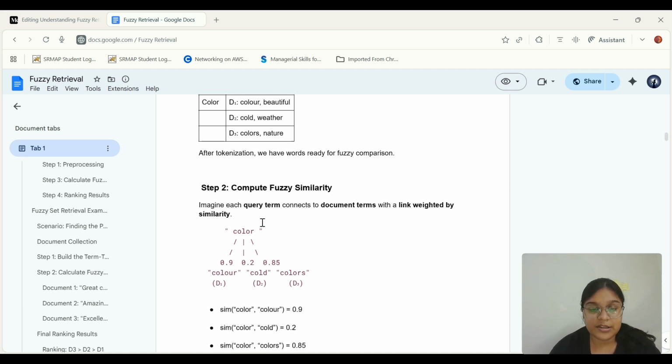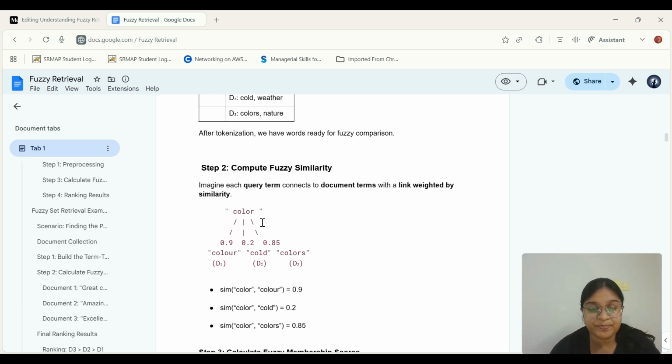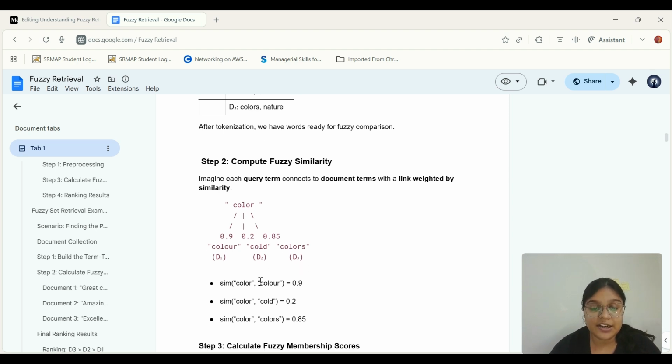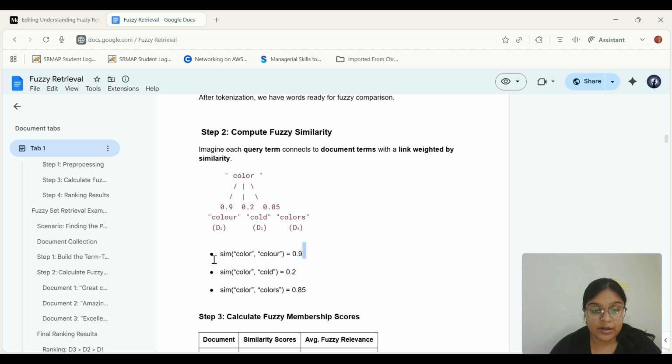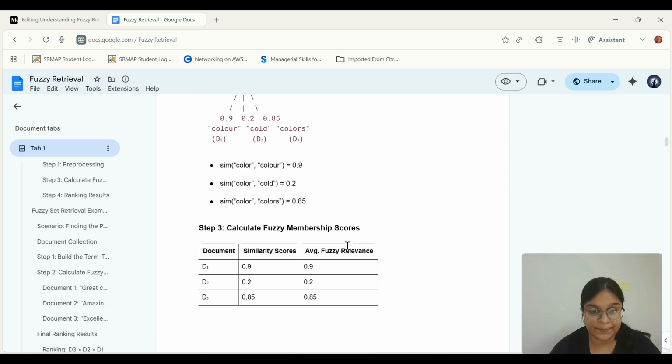So after tokenization we find that our membership degree is 0.9 for color, 0.2 for cold, and 0.85 for colors. So the highest degree which we find is color, 0.9. So that will be our most relevant document because it has the highest weightage of similarity.